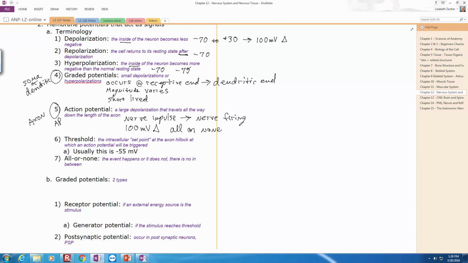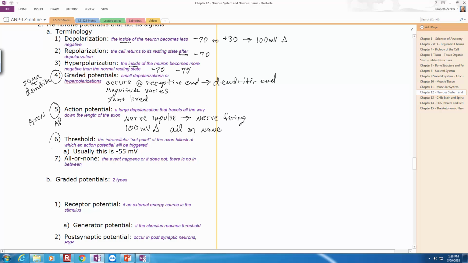So it's kind of like once you pull the trigger on the gun, you can't take it back. It happens. You either have enough to pull the trigger or you don't, right? And once you pull the trigger, it fires. So think of it the same way as that. So all action potentials are always 100 millivolt change. And if we get an action potential, it means we went from -70 to +30 for sure, okay?